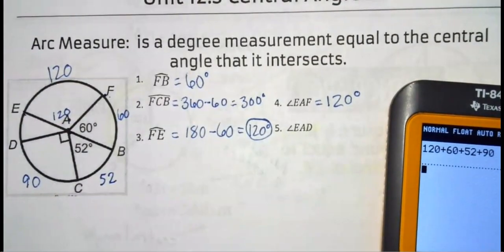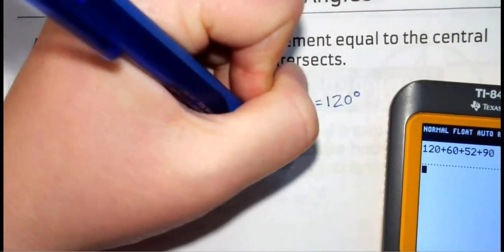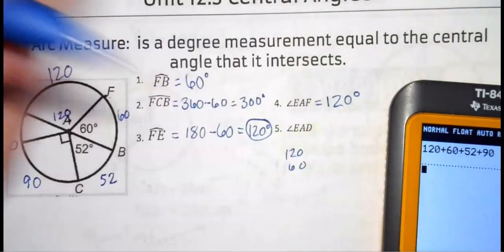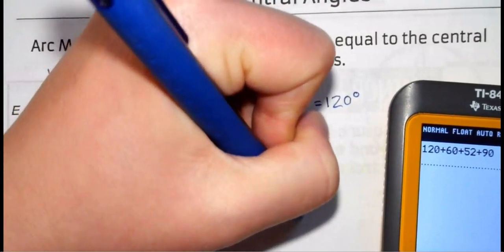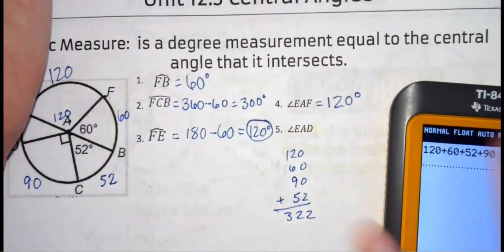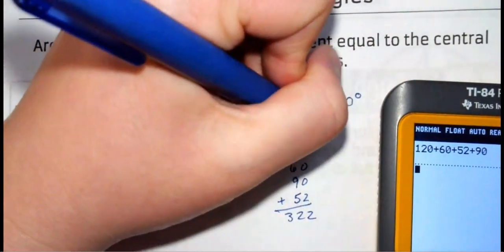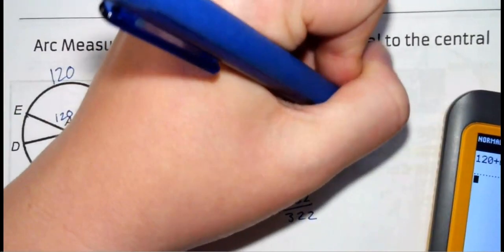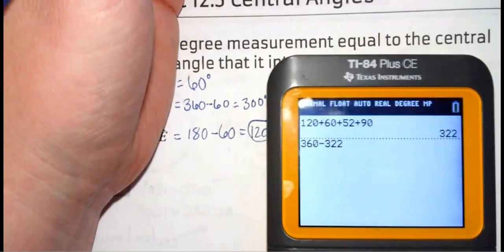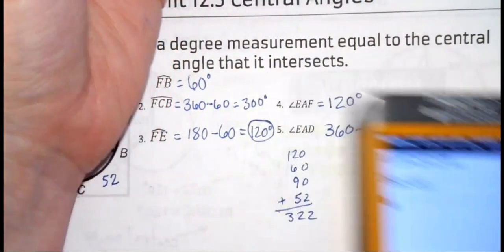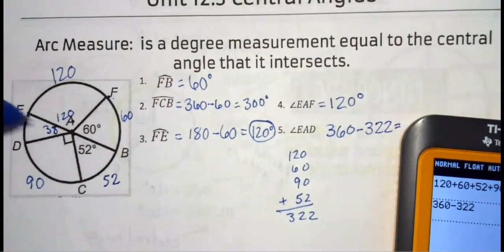So I add 120 plus 60 plus 90 plus 52, and I get 322. That's the number I need to subtract from 360. So 360 minus 322, 38 is what's going to go right here and right here.